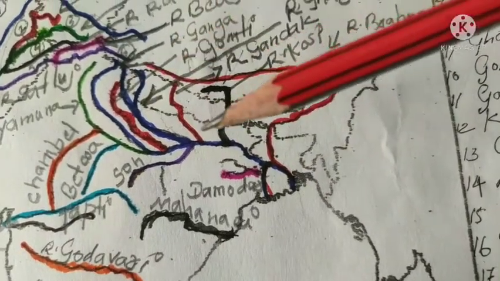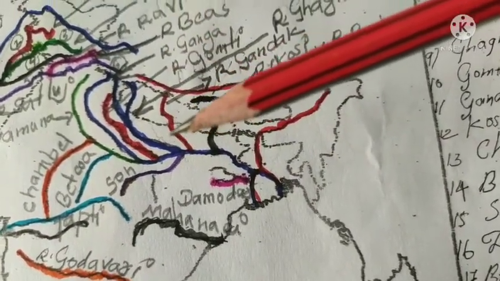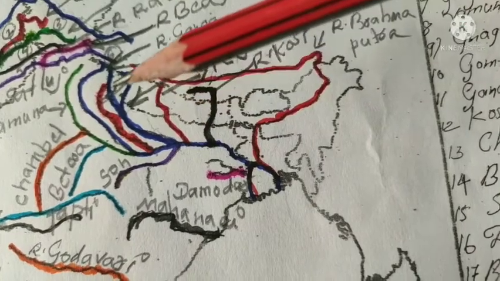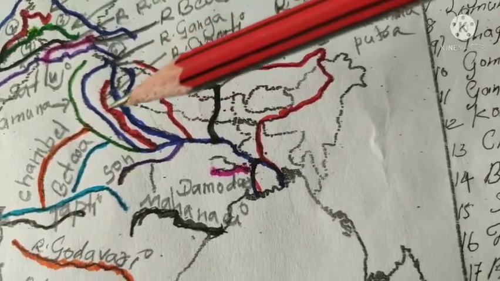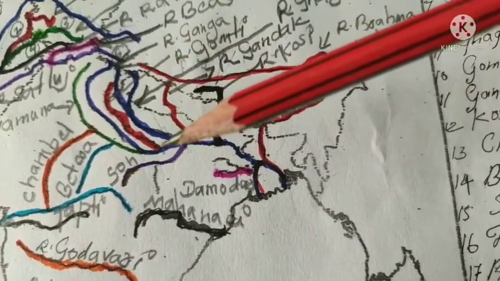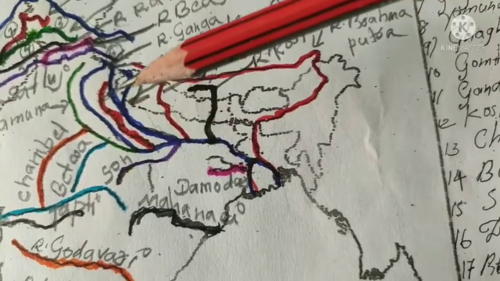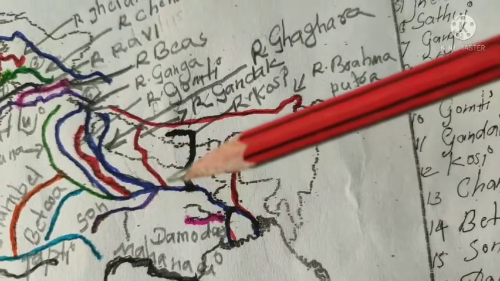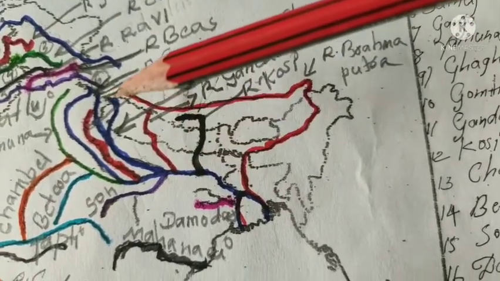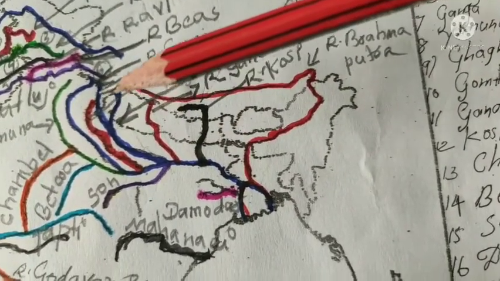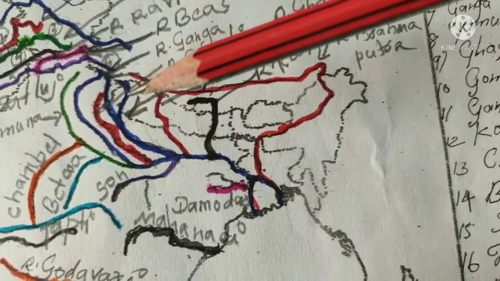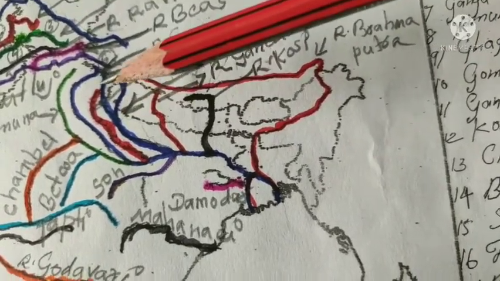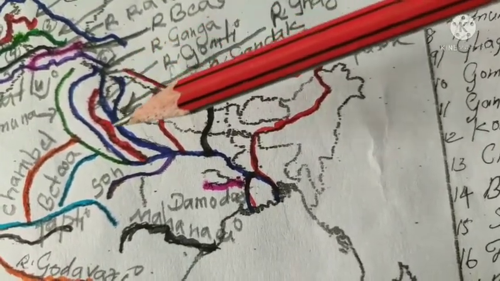Next is the river Gomti, given here, so this is Gomti. From here to here it is merging with the river Ganga, that I have shown in red color. Next is the river Gagra, it has two branches, one from here to here and another here.